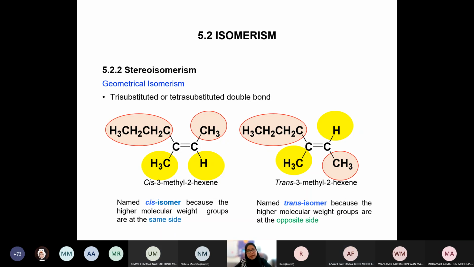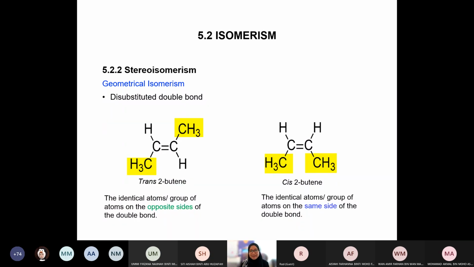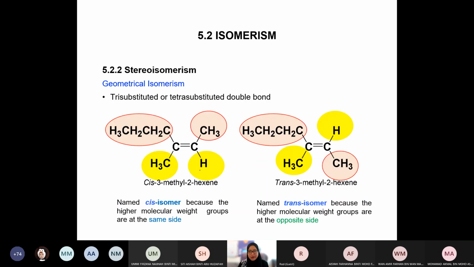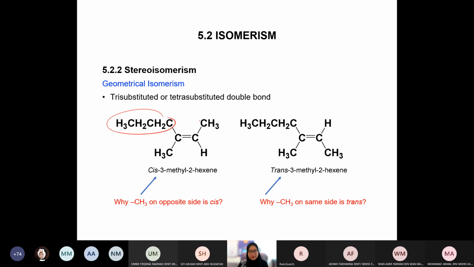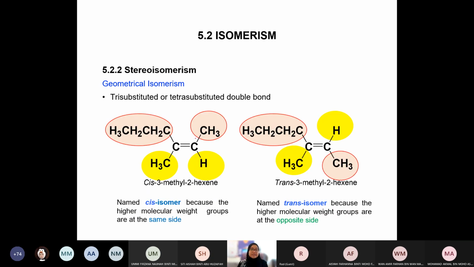Yes, madam. So for cis or trans, cis doesn't necessarily have to be both at the bottom. Both at the top is also fine? Yes, as long as they are on the same side. The examples are at the bottom, and this one is at the bottom on the same side, and this one is at the top. The condition for cis is the same side. It can be either both at the top or both at the bottom. This one is low molecular weight, so if you are referring to low molecular weight, it is at the bottom but on the same side.